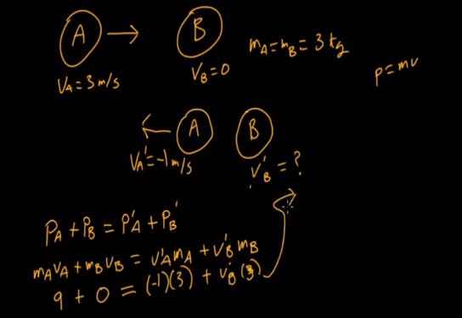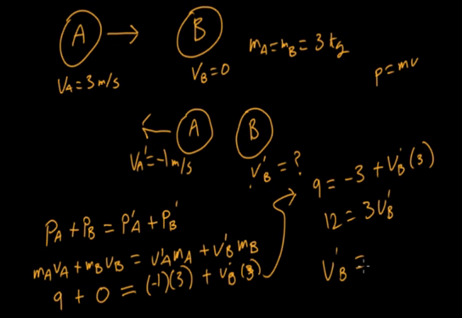Well, clean this up a bit more. We get 9 equals negative 3 plus velocity of B times 3. So we get 12 equals 3 velocity prime B. So velocity prime B equals 4 meters per second. So after that impact, the velocity of B would have been 4 meters per second.